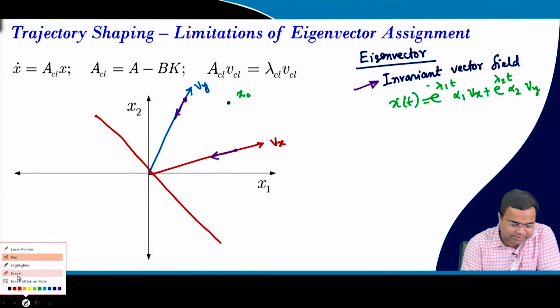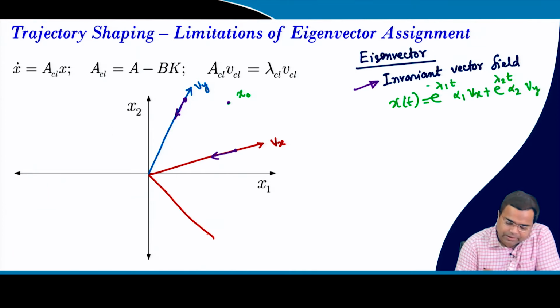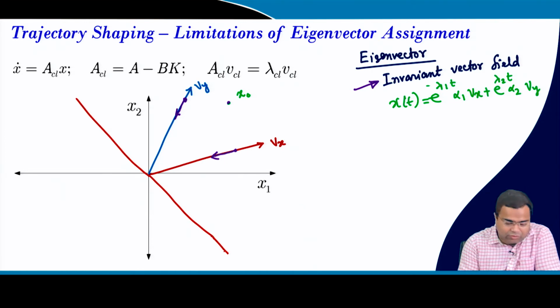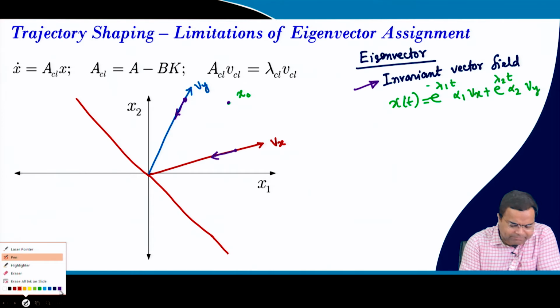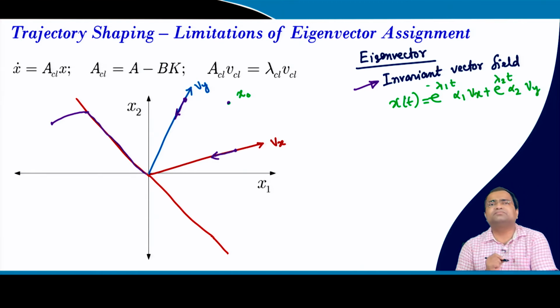Let me draw properly. I want to create a path. This is my path, and I want to make sure that if I take any trajectory here, it will come towards this path, and once it touches here, it should remain here and go along this line.